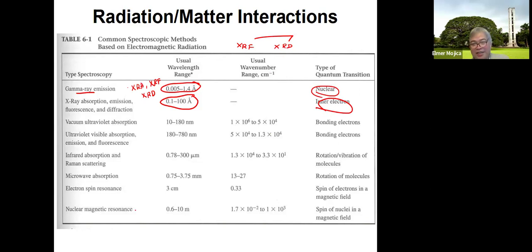I was thinking of bringing it to Marinduque to monitor. What do you think I want to monitor in Marinduque? What's the problem in Marinduque? Anyone? The mining. So XRF is usually used to detect metal.